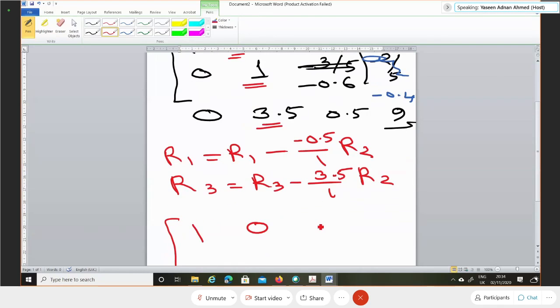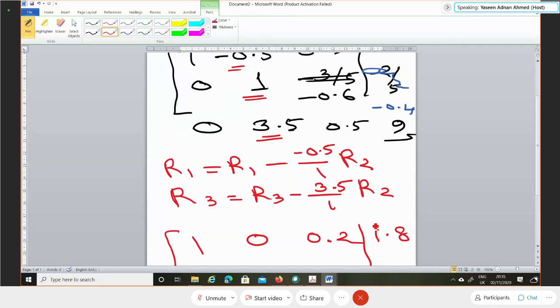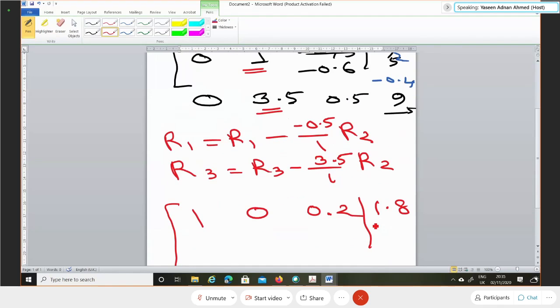This one is 0.2, you mean? Okay. And how about the next one? This element, 1.8. Okay, next. So row 2, I am not changing anything, so I can just copy it. That was 0, 1, 0.6, and 0.4.